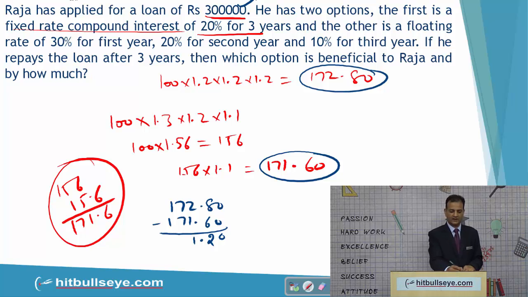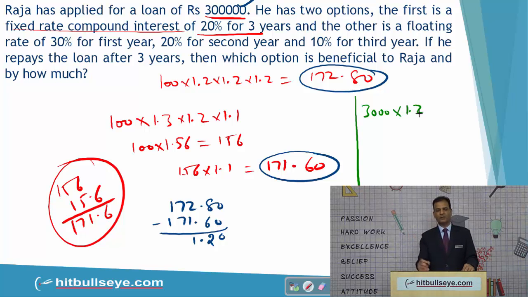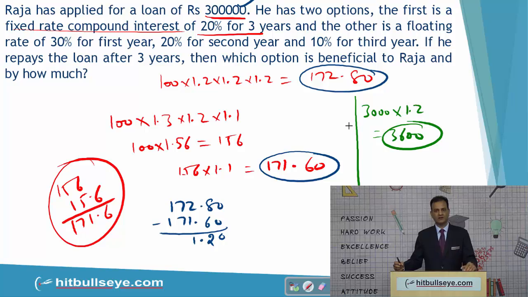So for rupees 3 lakh, it will be 3000 into 1.2, because 2 zeros we can cancel with hundreds. You will apply the unitary method. For rupees 100, difference is 1.20, so for rupees 3 lakh, 2 zeros will be cancelled. It will be 3600. So that means floating rate of interest is good for Raja. He will pay 3600 less.